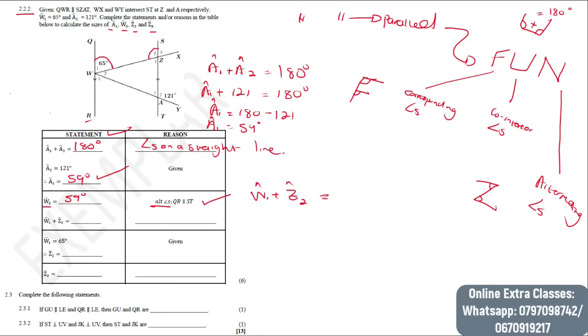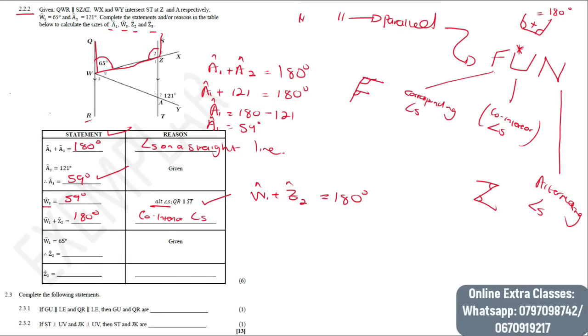If we check here, we can see that we have our U. And then if we come back here to our U, we see that these are co-interior angles. And when we add them, we should get 180. So this is equal to 180 degrees, right? And the reason for that is co-interior angles. Okay.